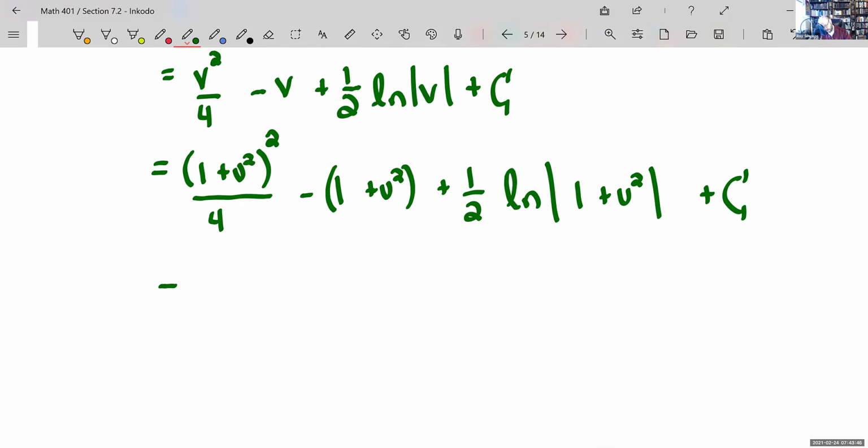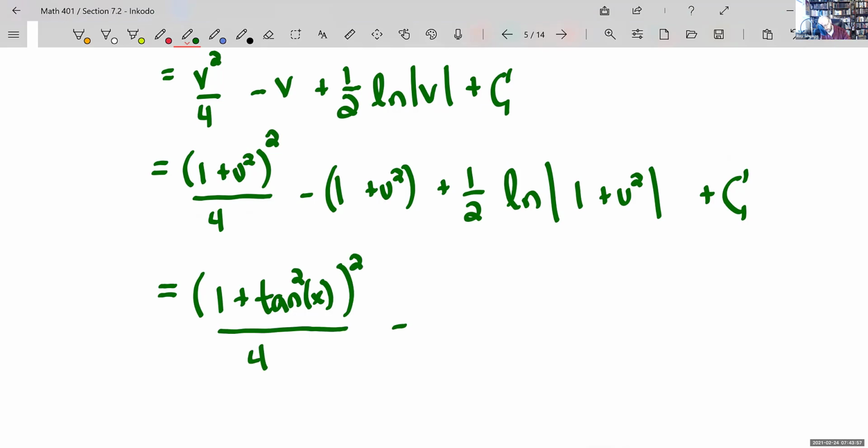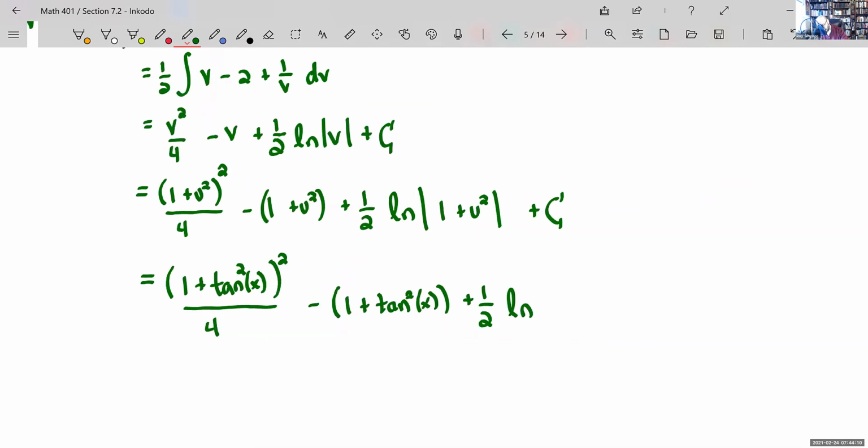This is 1 plus tangent of x squared, and squared, all over 4, minus 1 plus tangent of x squared, plus 1/2 natural log absolute value of 1 plus tan squared of x, plus c.